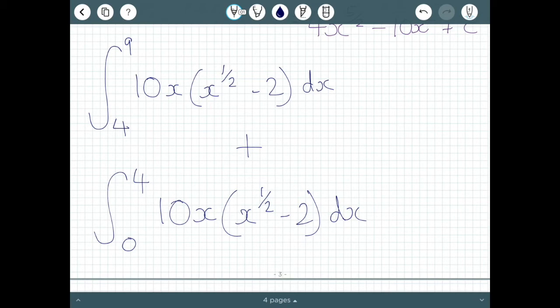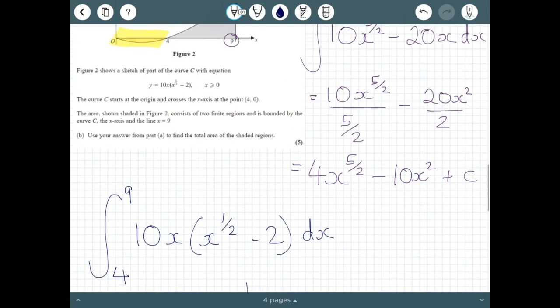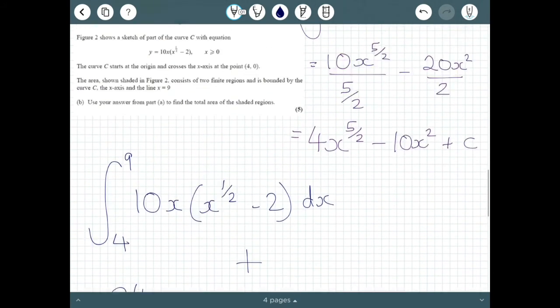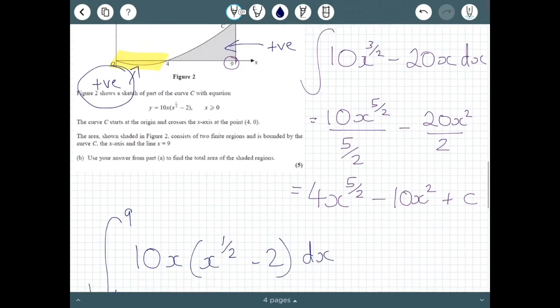Notice that the limits are between 9 and 4, and we're going to find the answer between 4 and 0. Before you attempt to substitute in values, bear in mind that this value here will become negative and this value here will be positive. So you want to change this area so it's positive before you put the two together.